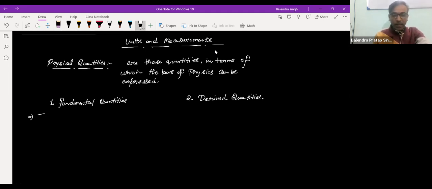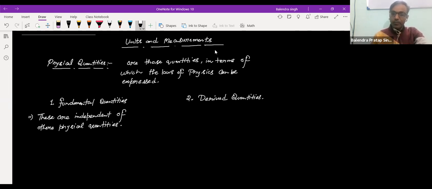These are independent of other physical quantities.